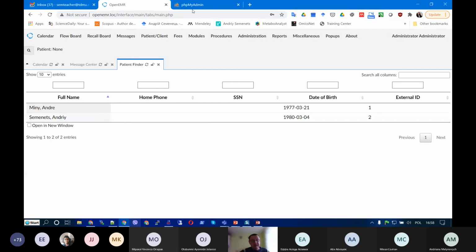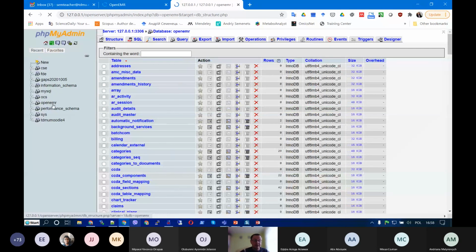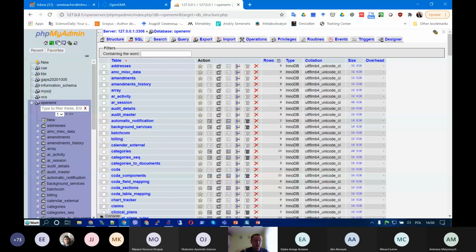So here we have a patient record, and what is behind this information system? For sure it's a database, and here is another web information system which is dedicated to managing MySQL database systems. And here is what this is in fact.